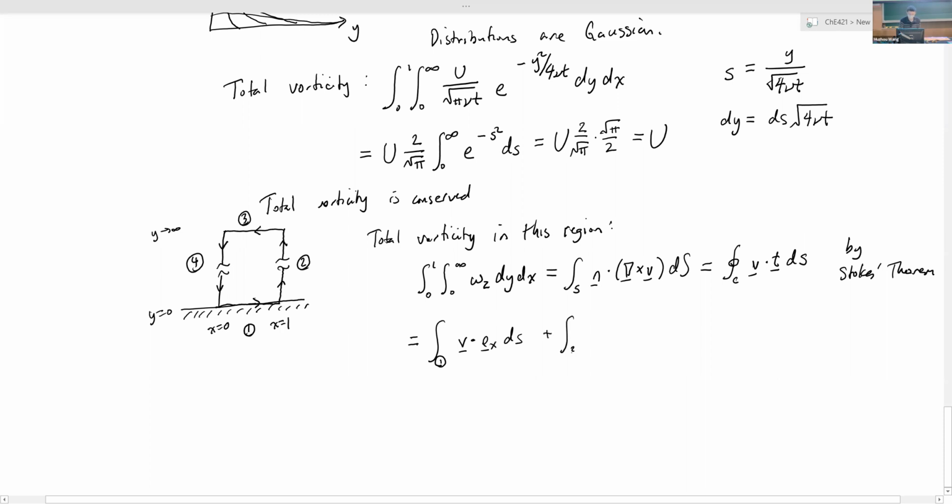And then, of course, along 2, we have v dot e_y now. And then I'll just go quickly to number 3. That's v dot negative e_x. And 4 is negative e_y.